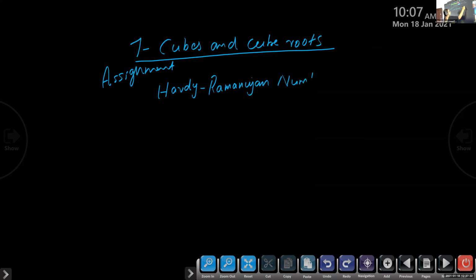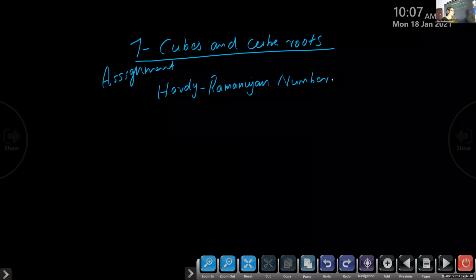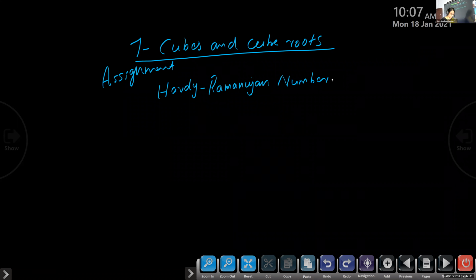First, in one or two paragraphs you can write about who Ramanujan and Hardy were. After that, write what the Hardy-Ramanujan number is.